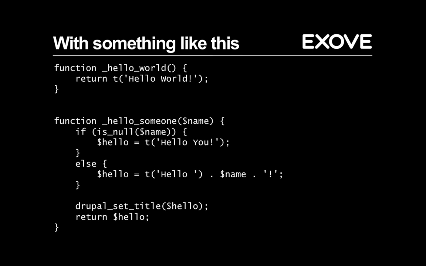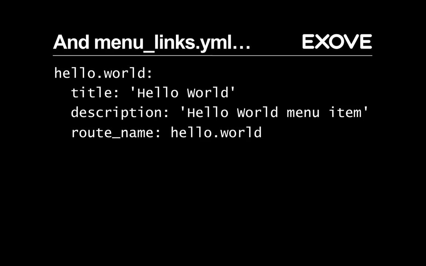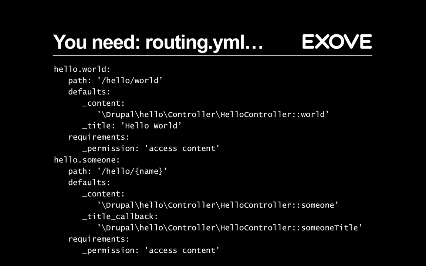And that's the thing which you can now handle in much more detail and with more flexibility, because in the routing there can be a title which is just a string as it used to be, but you can also have a title callback, which is some callable somewhere which does the magic.